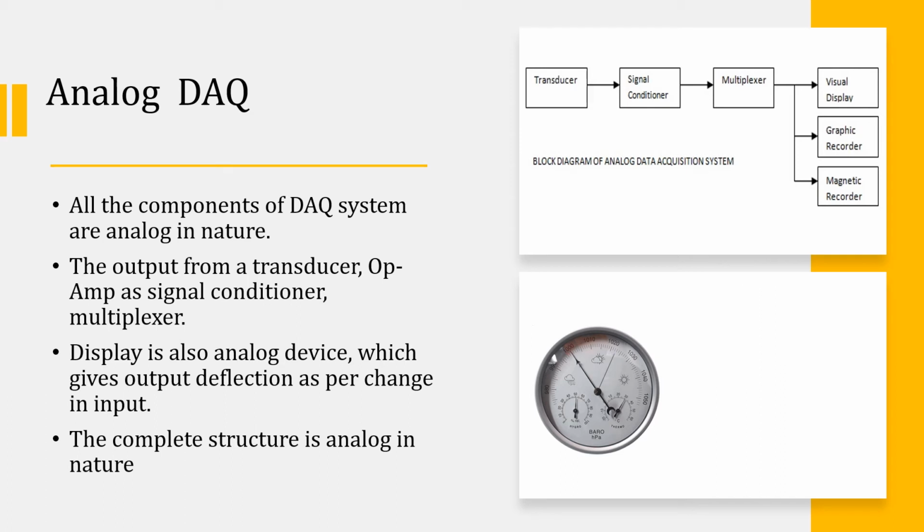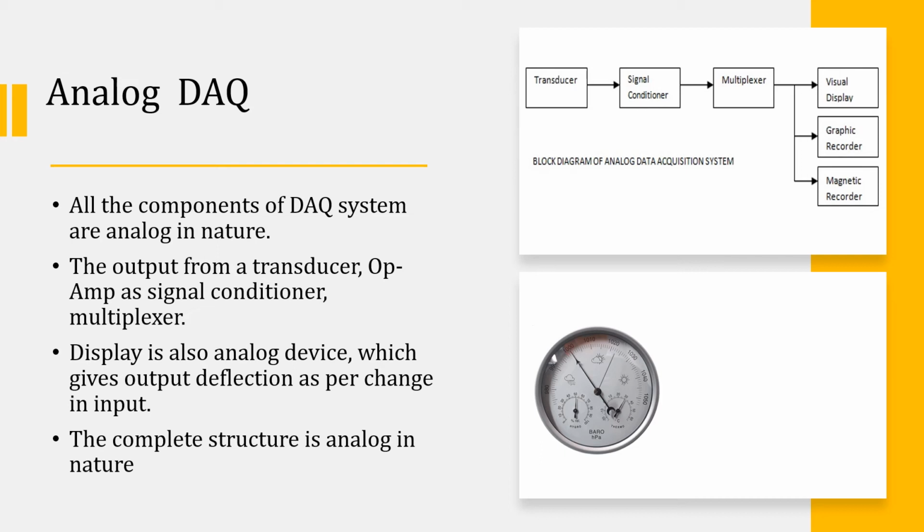As shown in this block diagram, you can see the transducer is also analog, like any temperature transducer that will give you the variation in voltage from 1 volt to 5 volt, let's say. That variation is then given to an op-amp based signal conditioning circuit.